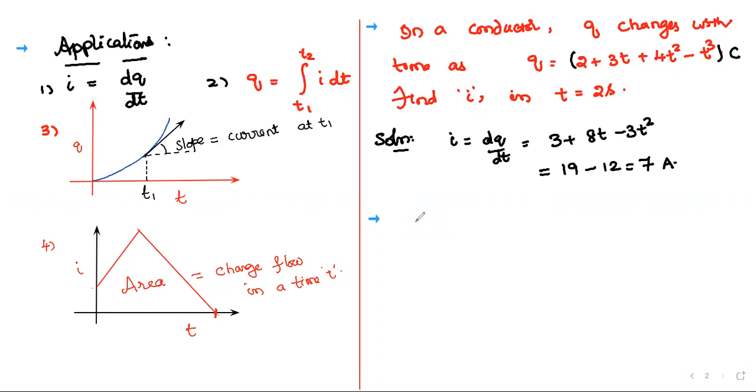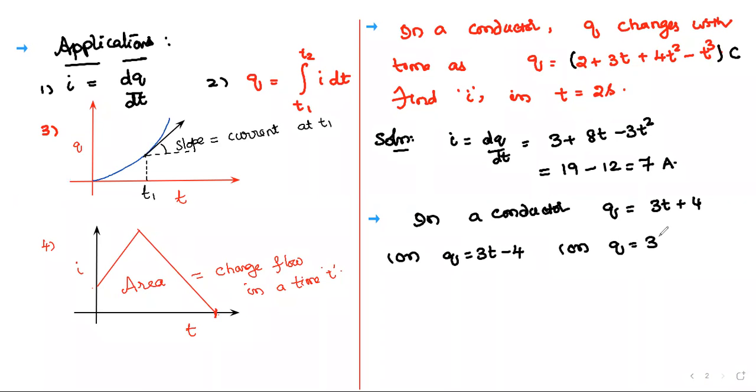Means in a conductor, if I say q equals 3t plus 4 or 3t minus 4 or 3t, that is mx plus c, mx minus c or mx. No need to solve this question. Directly you can say slope is 3. Slope is current. Yes, I equals 3.